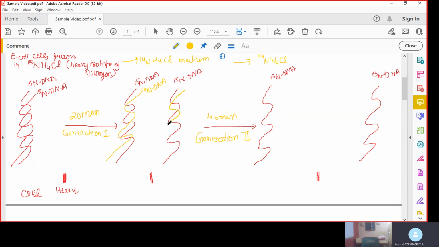So this was second generation strand with simple nitrogen, and what we got here was a hybrid band. You can see this is a hybrid band, and in generation 2, you can see this.